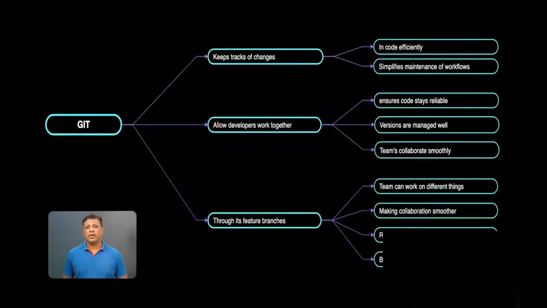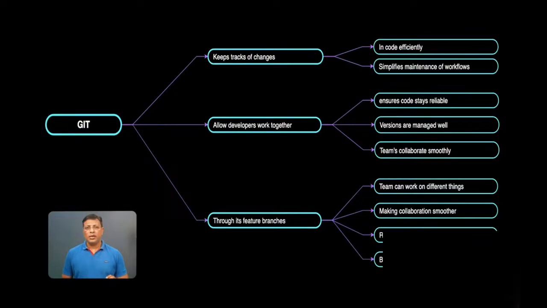Git is really useful for DevOps because it helps keep track of changes in code efficiently. It lets developers work together easily, making sure the code stays reliable, versions are managed well, and teams can collaborate smoothly.